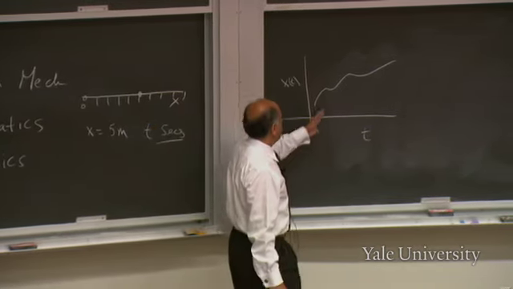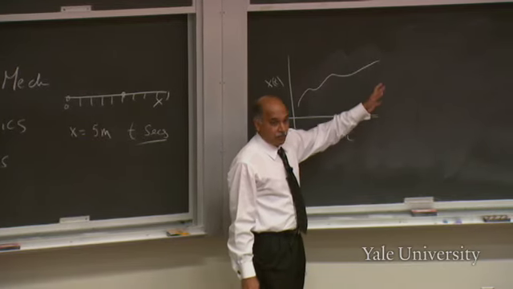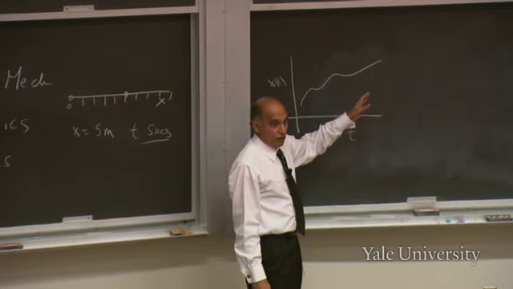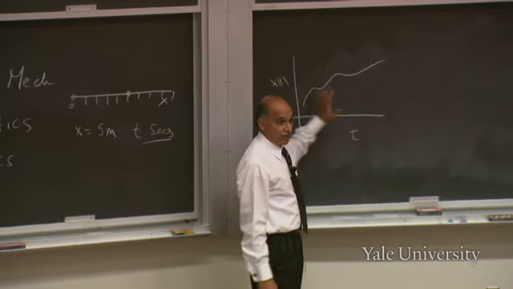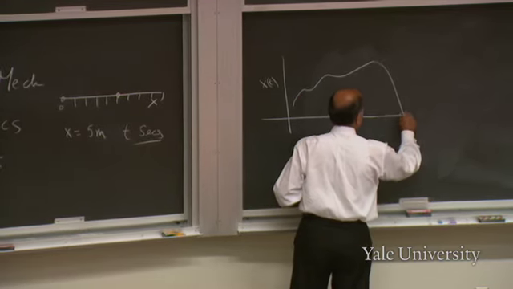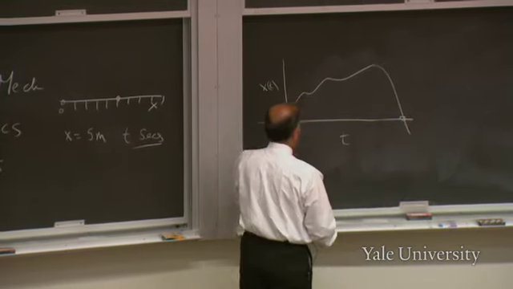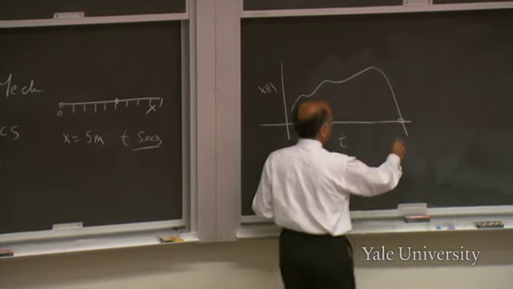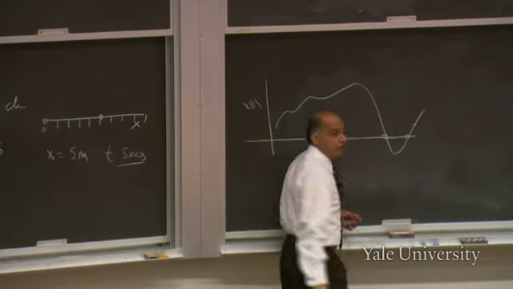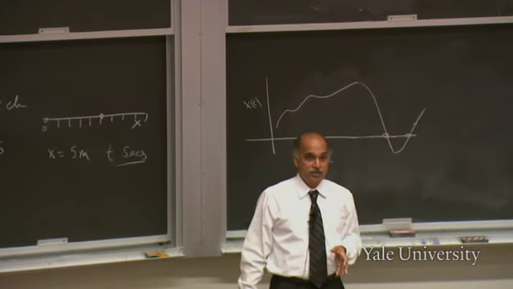This doesn't mean the object is bobbing up and down. I hope you realize that. Even though the graph is going up and down, the object is moving from left to right. So for example, when it does this, it's crossed the origin and is going to the left of the origin. Now it's to the left of the origin, it turns around and starts coming to the origin and going to the right. Okay, that is x versus t.